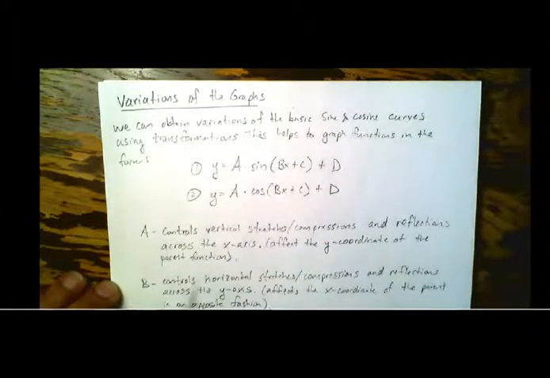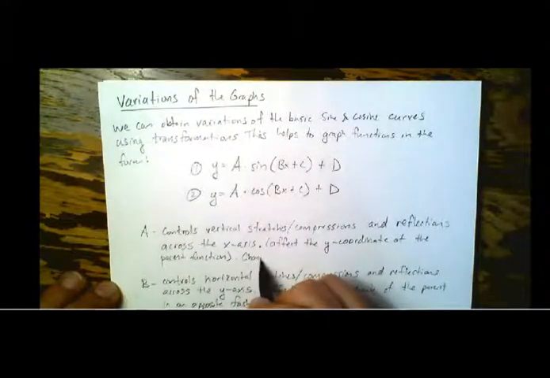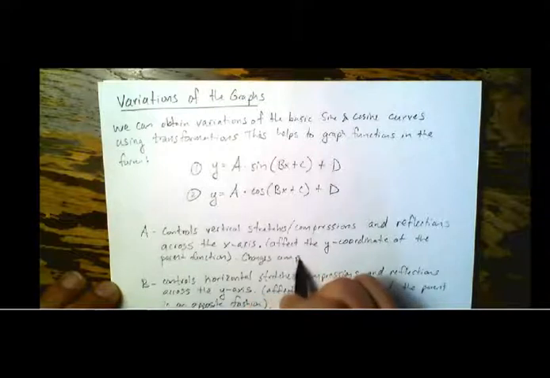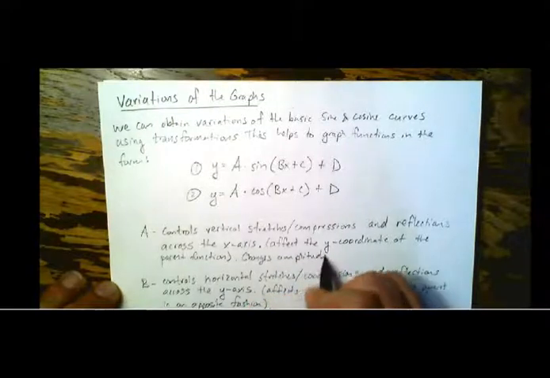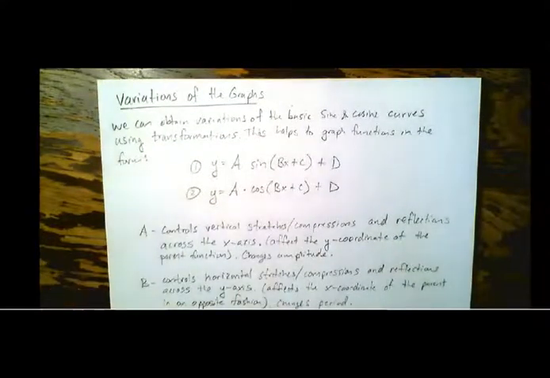Okay. Oh, and by the way, A also affects the amplitude, changes amplitude if it's different from 1. B can change the period of our trig function. Okay.